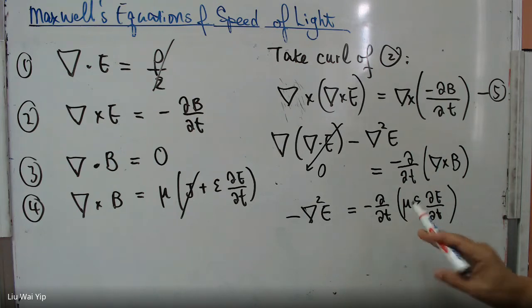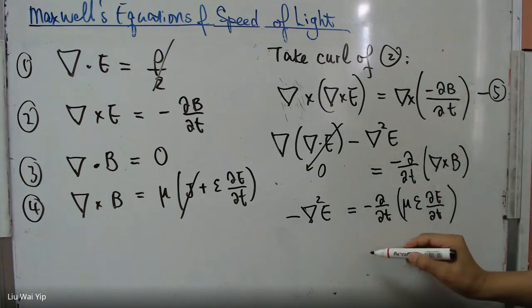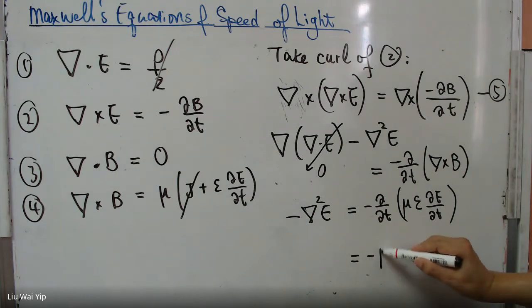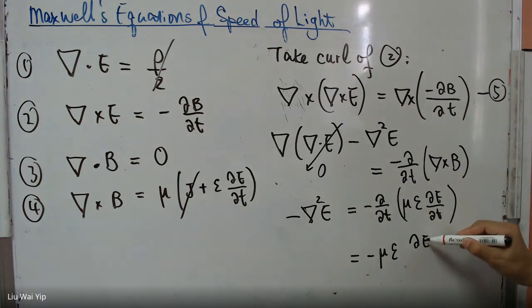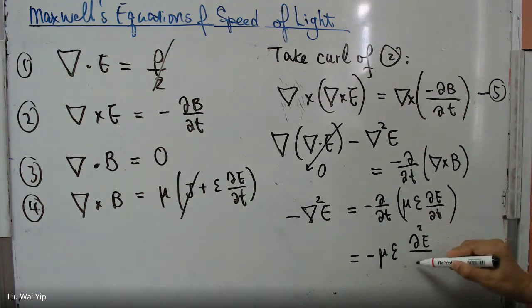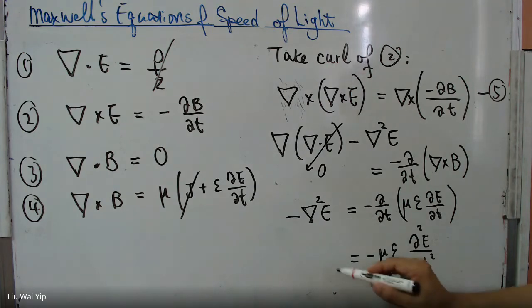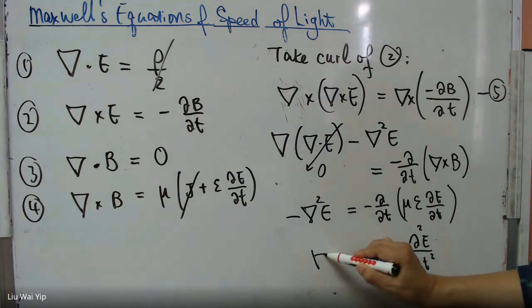So in other words, you can simplify the right-hand side of this equation, and then with the second time derivative of E. Okay, the right side can remain as it is.